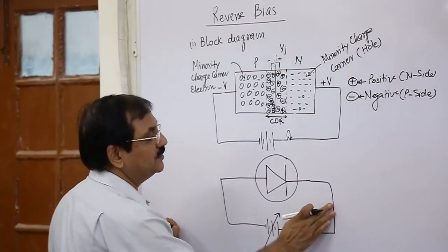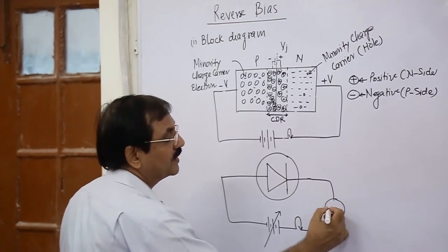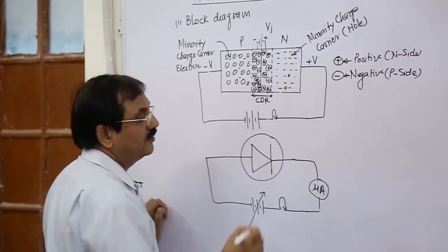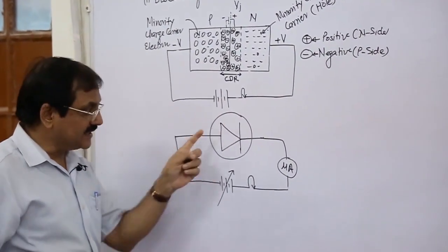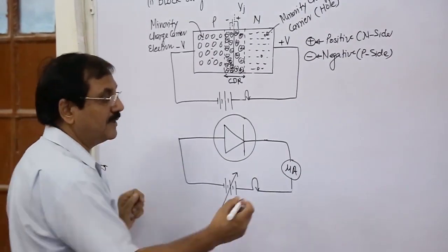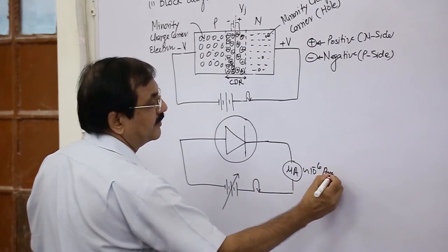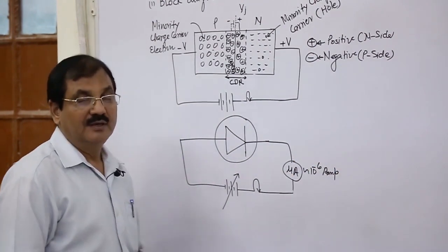Now, if we use a meter, the current flowing in this circuit is of the order of 10 to the power minus 6 ampere, that is microampere.